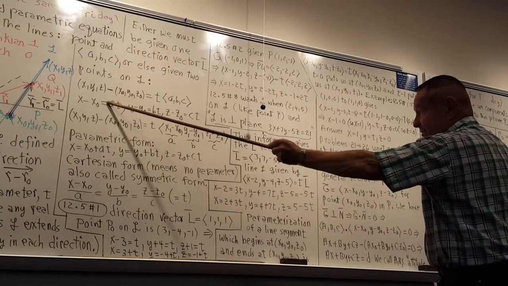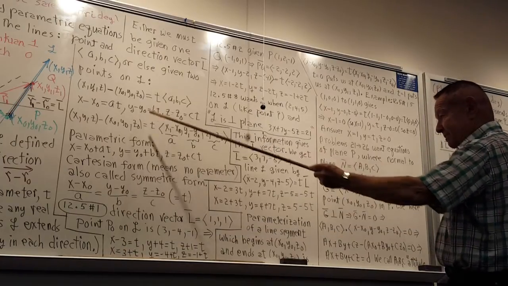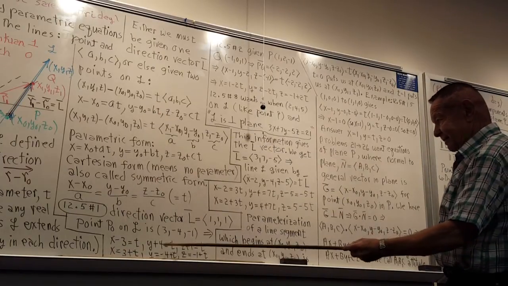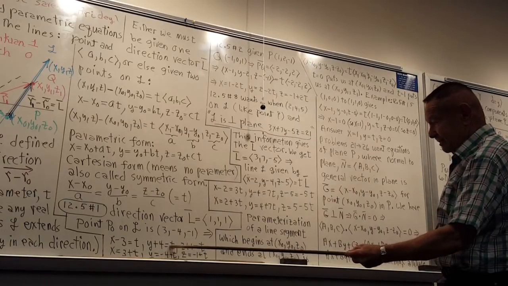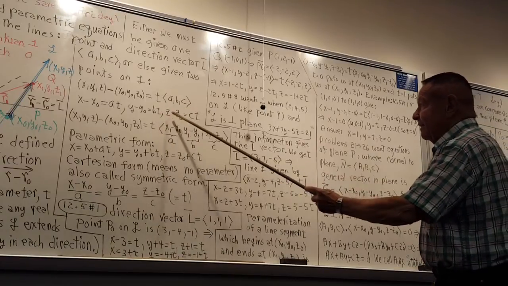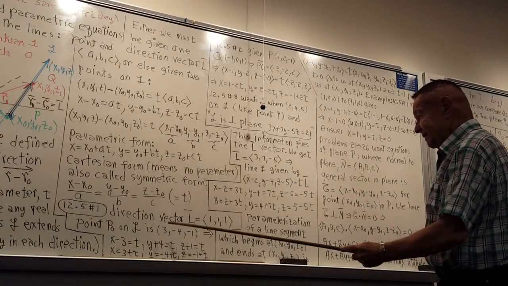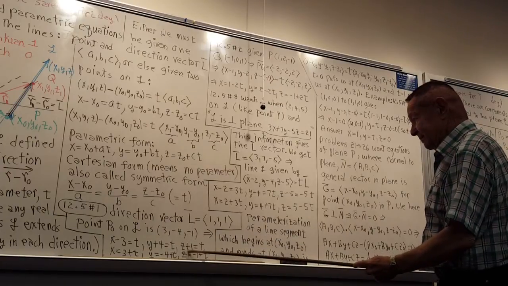So x minus 3 is t. This one gives you y minus a minus 4, so y plus 4, is t. And this one here gives you z minus a minus 1 is t.